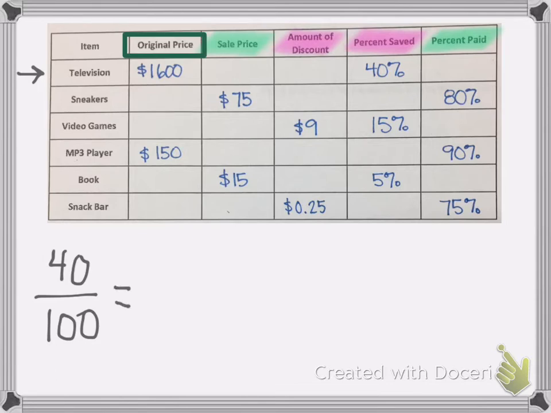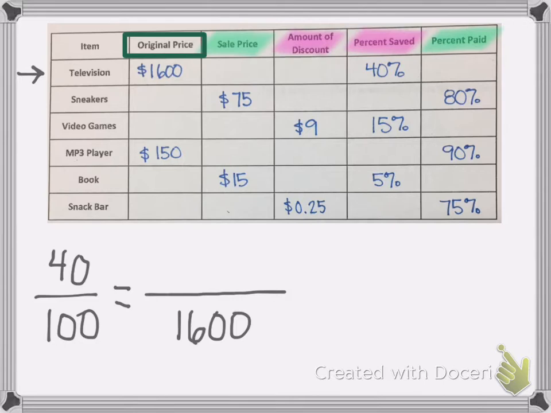We're going to set that equal to another part to whole ratio. If I use the percent saved, the part I'm going to find is the amount of discount. But I don't know what that is, so I'm going to leave the upper part of my fraction blank. The whole, which would be the bottom part, I know is 1,600. So there we have our part to whole ratio equal to another part to whole ratio.